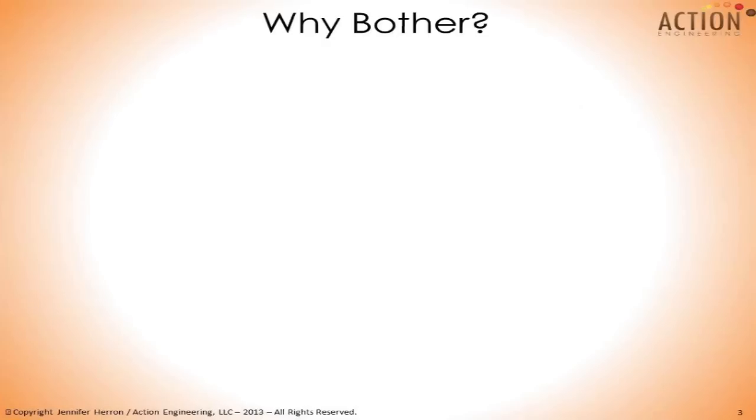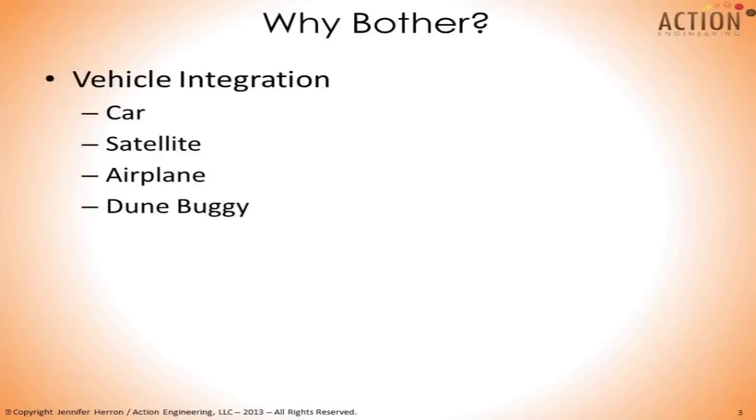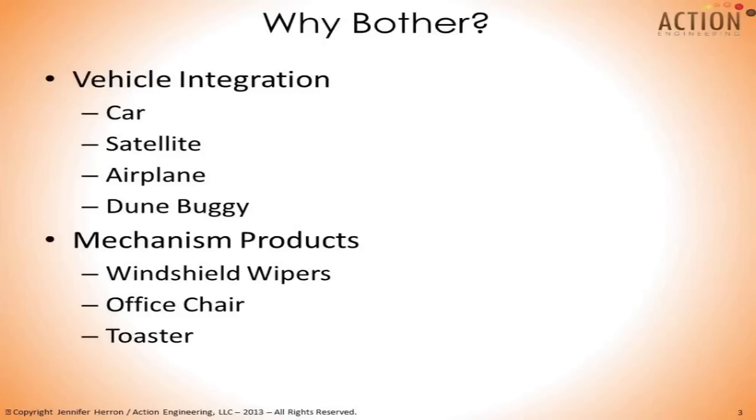So when we talk about mass in a CAD system, we say, well, why bother to put it in the CAD system? We do it other ways. And the reason is at a top vehicle level integration, you really need that information to give you moments of inertia so that you can, for instance, on a windshield wiper, determine what torque is necessary for the motor that you're going to use.